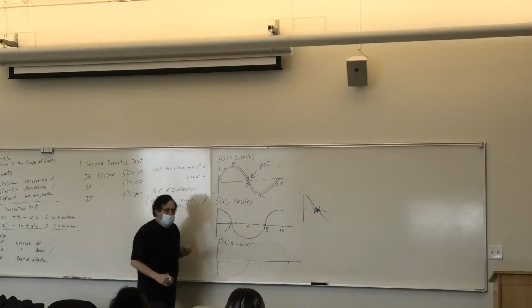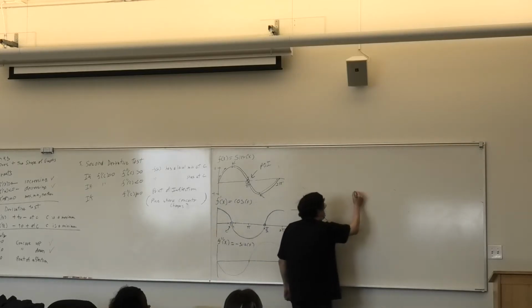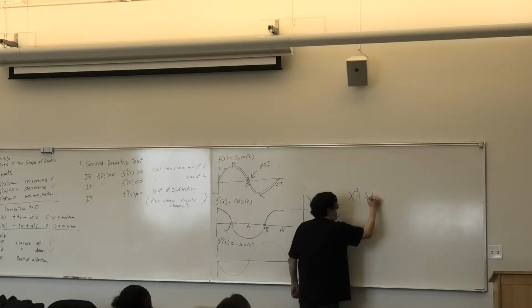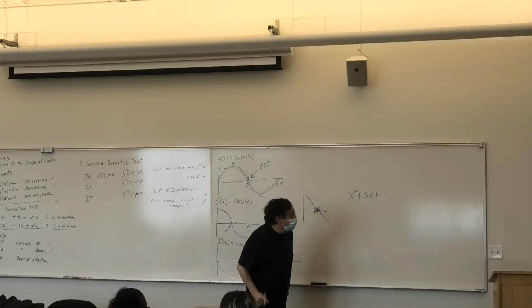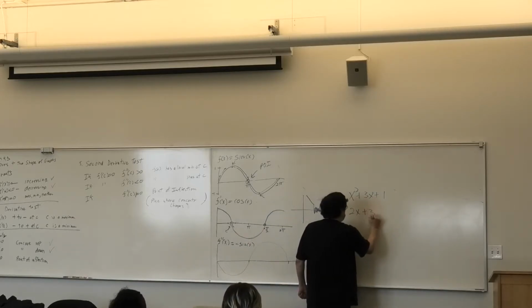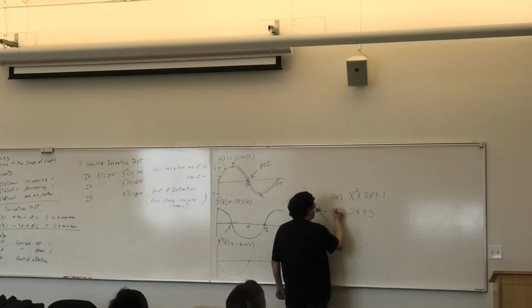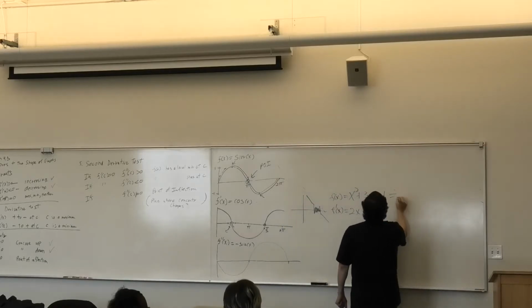So if you had x squared plus 3x plus 1, which is 2x plus 3. I'm sorry? 2x plus 3 would be the first derivative, right? Yeah. So how can you tell that 2x plus 3 is going from positive to negative? Well, let's find out where it's 0 first.